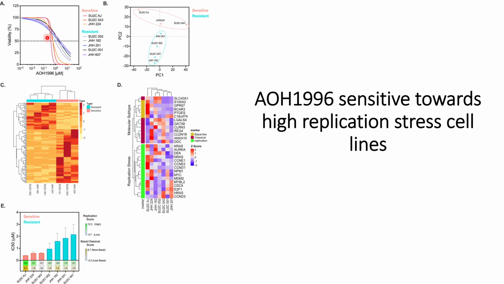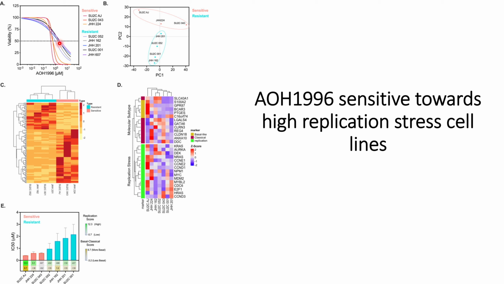That is, their viabilities go down significantly at a particular AOH1996 micromolar concentration compared to the other cell lines, which took a higher concentration of AOH1996 for their viability to go down.